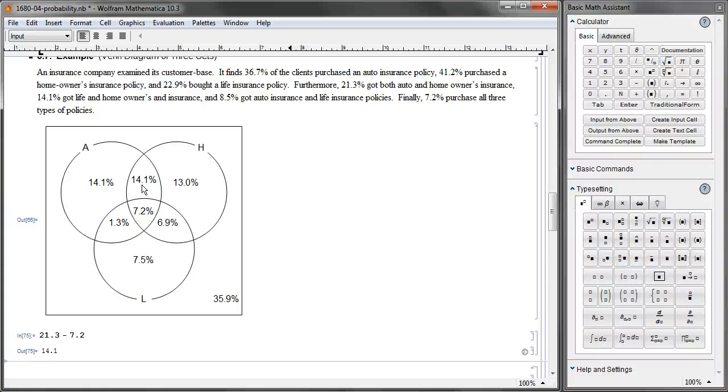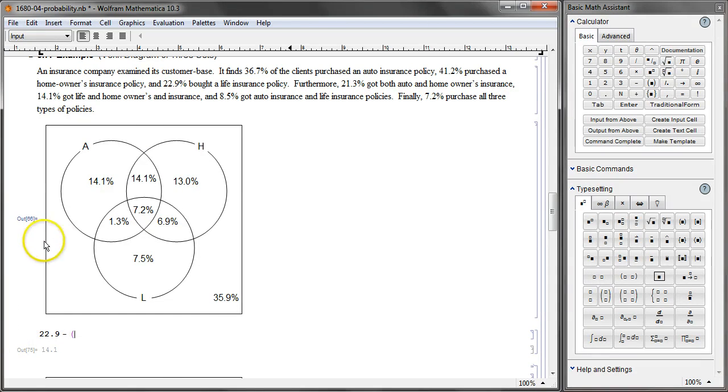Keep backtracing, we get 22.9% bought life insurance policy, right? Okay, 22.9. And we have to subtract away the middle, and then here auto and life but not all three, and here auto and home but not all three, all those together. And that turns out to be 7.5%.